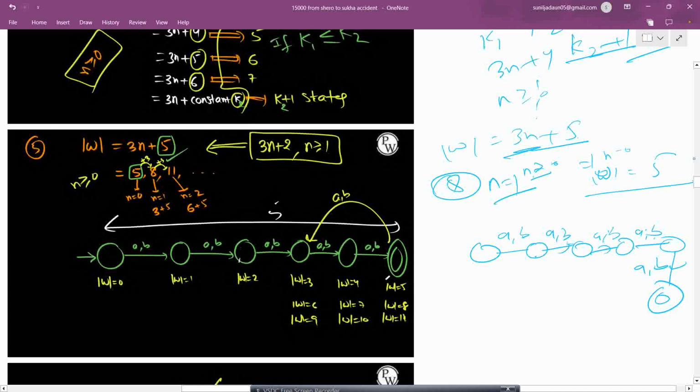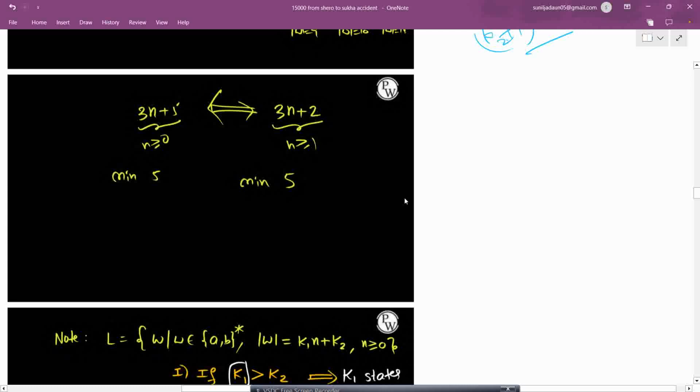And if 6, 7, 8, this is the remainder. How can we do this? Well, the remainder is 5, so the K2 plus 1 state would be the final state. This is how we do that, and this is the shortcut for this.